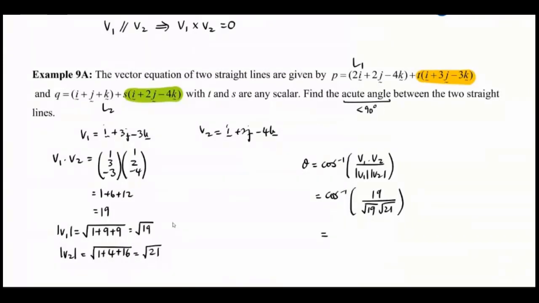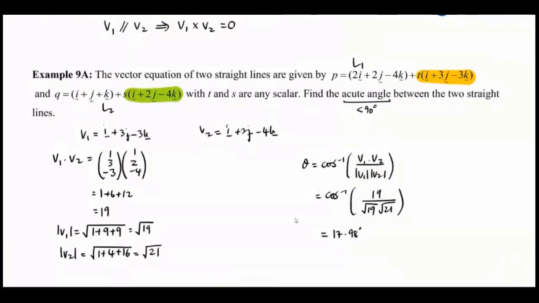Obviously we get the acute angle because the value inside is positive. If it were negative, we would get an obtuse angle. The angle we get is 17.98. Okay, good. Alright, that is example 9A.